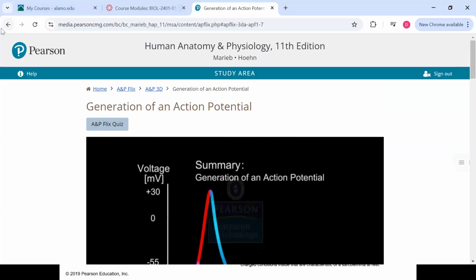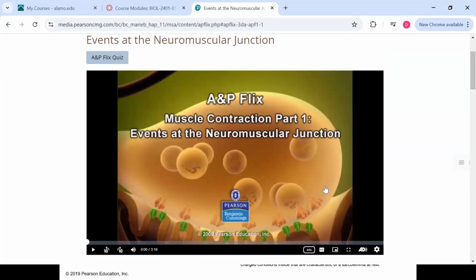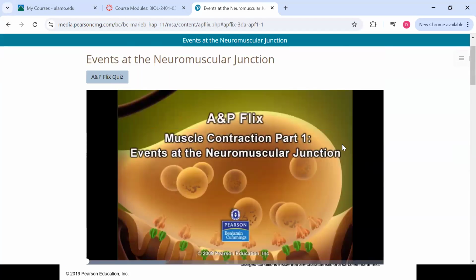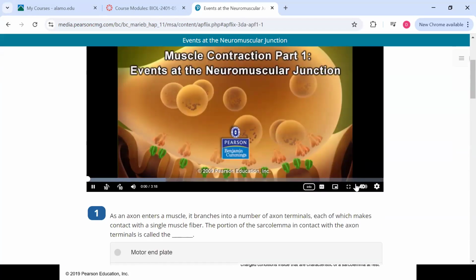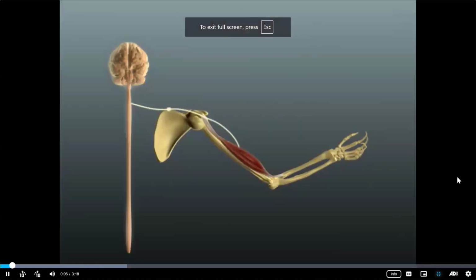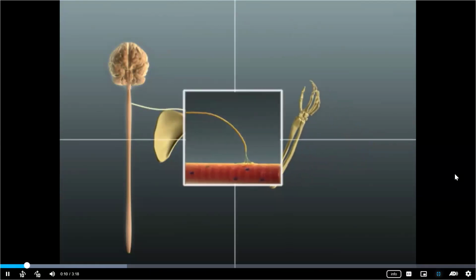Okay, let's back it up and look at the events at a neuromuscular junction. A neuromuscular junction is a point of communication between a neuron, which is a nerve cell, and a muscle cell. Nerve impulses, also known as action potentials, travel from the brain or spinal cord to trigger the contraction of skeletal muscles.